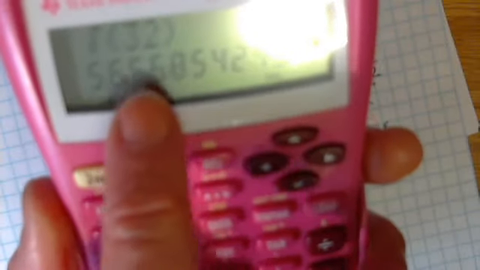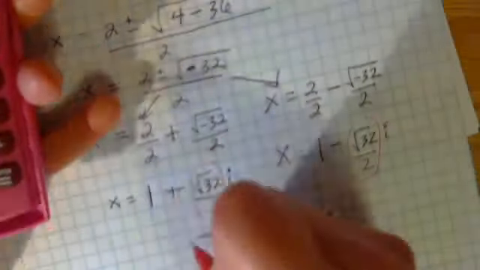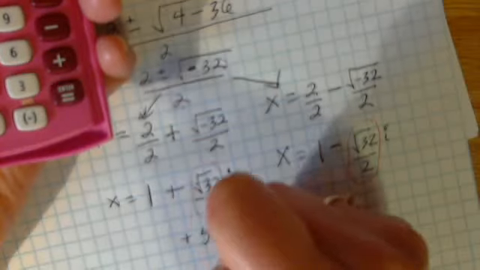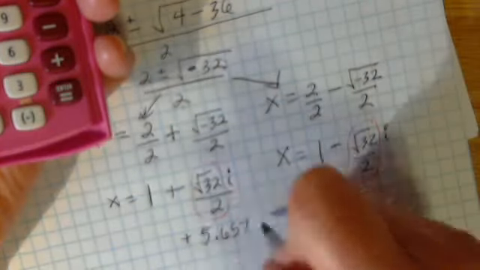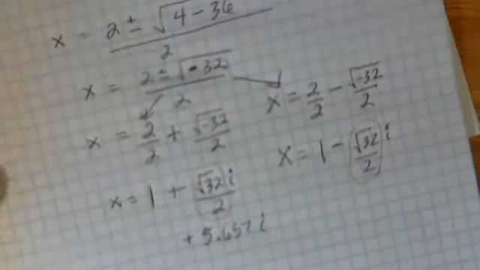Square root sign, put in the 32, and press equals, and again we're going to round these to 3 decimal places, so 5.657. And don't forget the i following it.